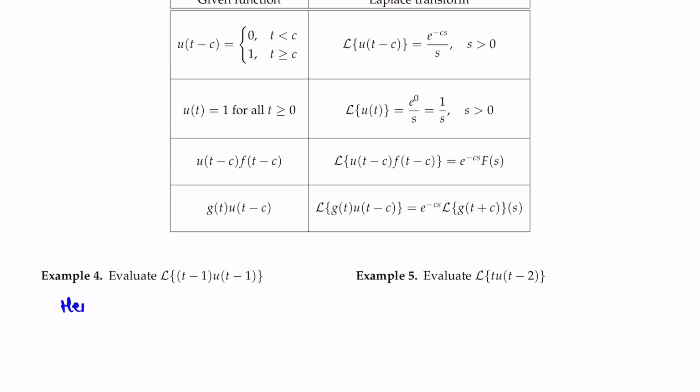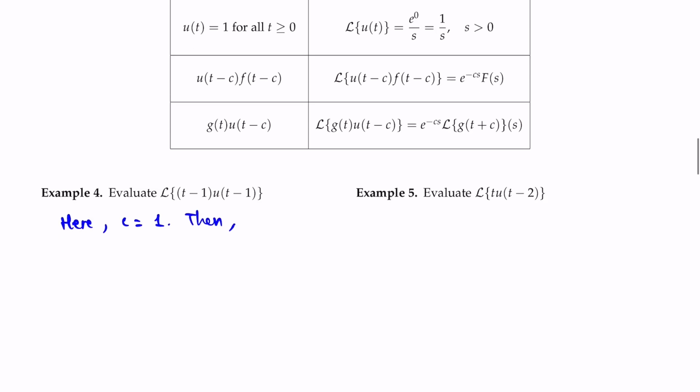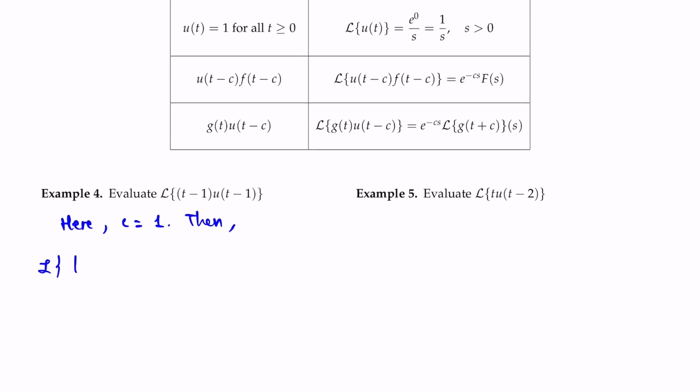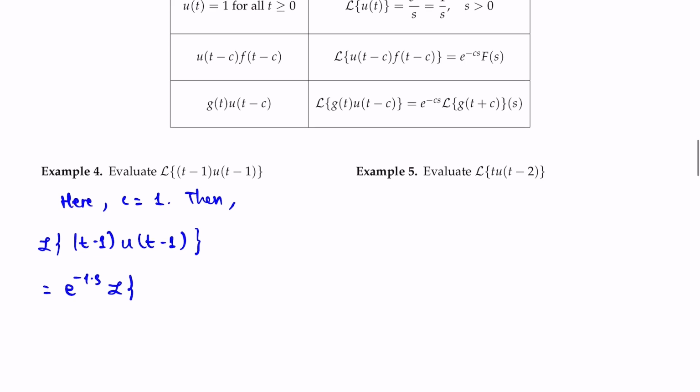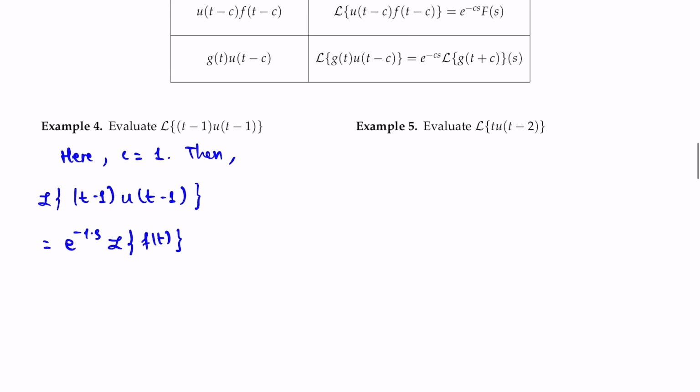So here c is equal to 1, then the Laplace transform of t minus 1 times u of t minus 1 is equal to e to the negative 1 times s times the Laplace transform. Capital F of s indicates that this is the Laplace transform of the function f of t. In this case, the function f of t is just t.